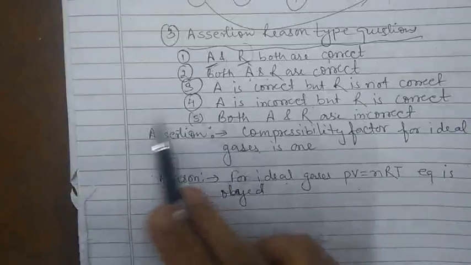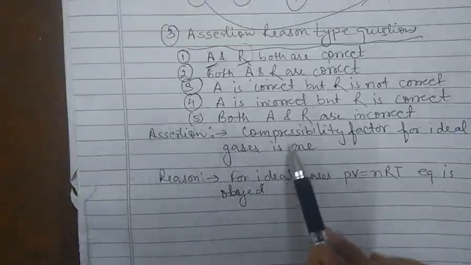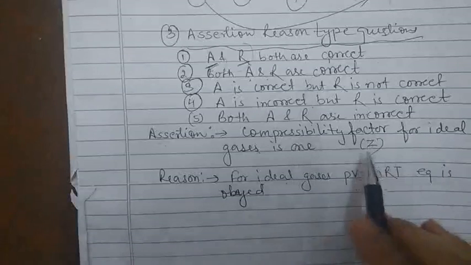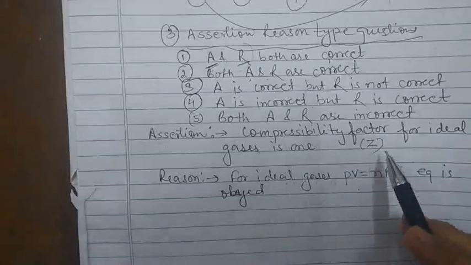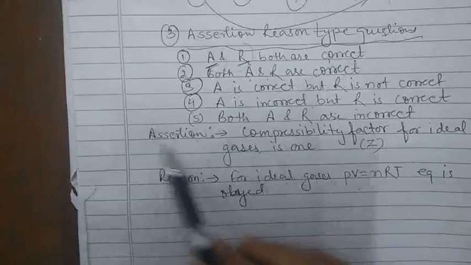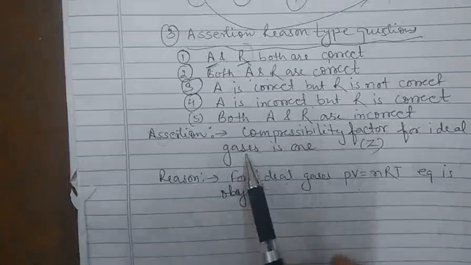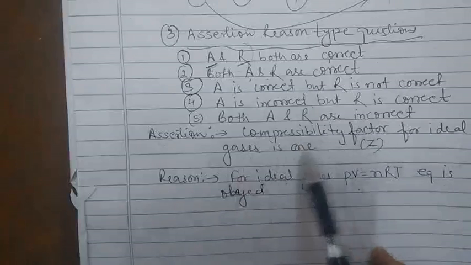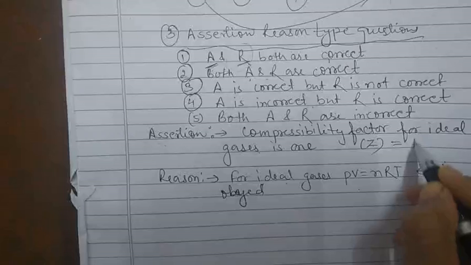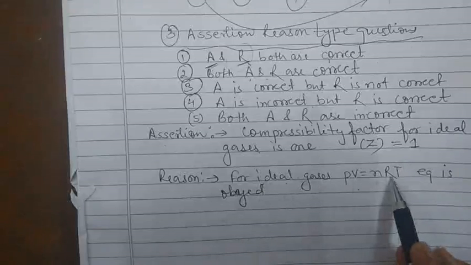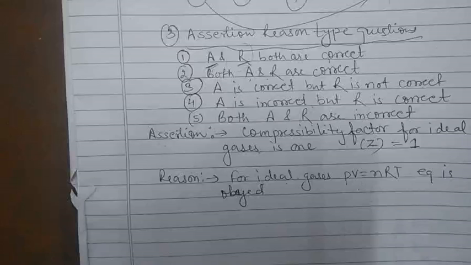So this is the assertion, this is the statement, about the compressibility factor. We know the compressibility factor is designated by Z. So the statement is that the compressibility factor for ideal gases is 1, that is, Z is equal to 1 for ideal gases. And the reason given is that for ideal gases, the PV is equal to nRT equation is obeyed.